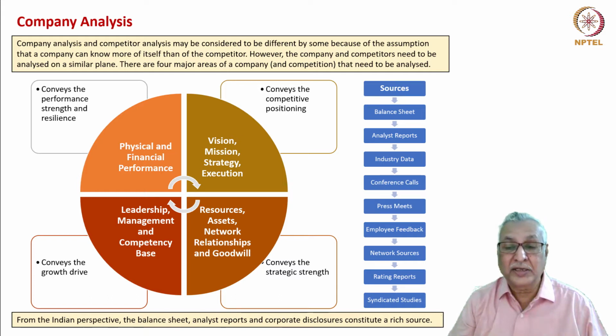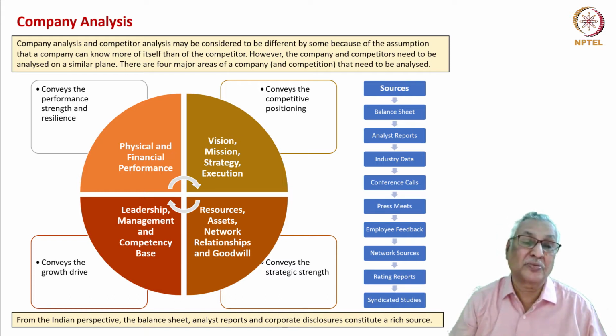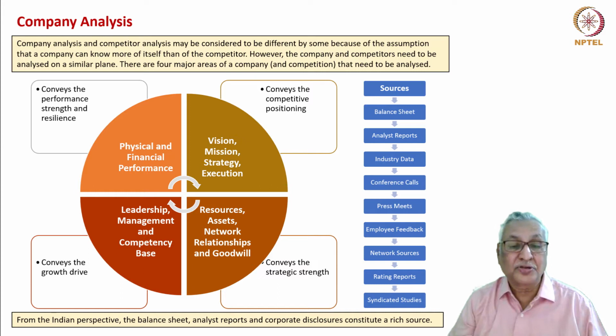The next in line is the set of resources, assets, network relationships, and goodwill. This set conveys the strategic strength of the company. This is in contrast with the performance strength, which we have talked about earlier. The fourth set comprises leadership, management, and competency base. This conveys the growth drive of the company.